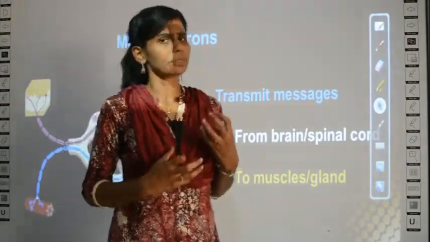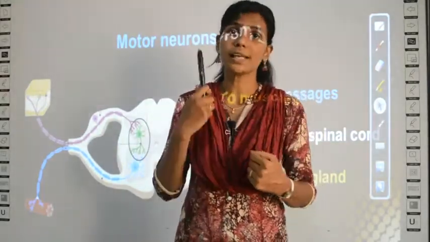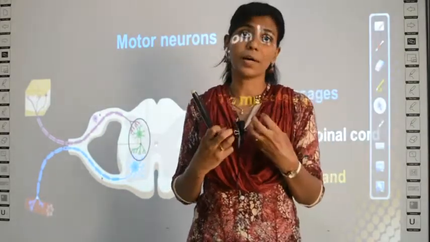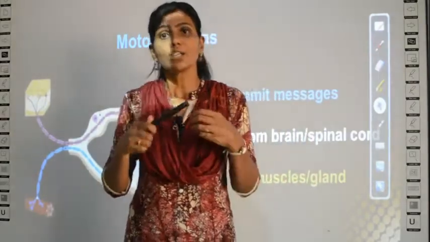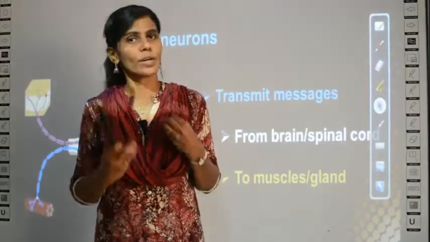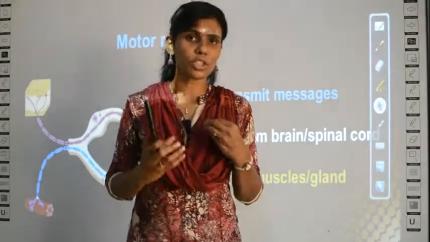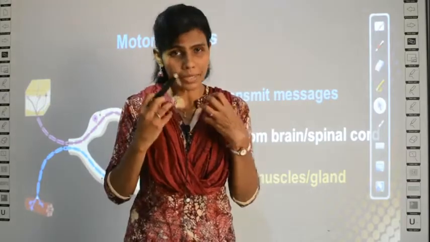Say for example, whenever your mom cooks a good food, your salivary glands start secreting more saliva, right? Here also your brain tells the gland to secrete more saliva, that's why your mouth is watering. Similarly, when you are emotional, your brain tells your tear gland to secrete tears.